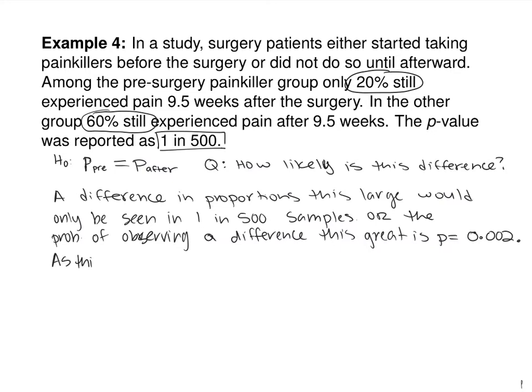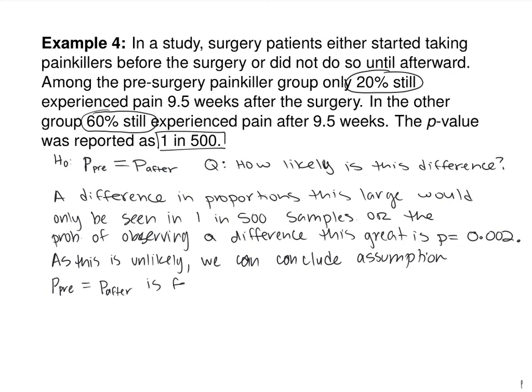And so as this is unlikely, we can conclude our assumption that the proportion who experienced pain when taking drugs before is equal to the proportion who experienced pain when taking drugs after is false. We observed this thing, and that's only observed in 1 in 500 times. That has a super low probability, therefore the assumption must be false.